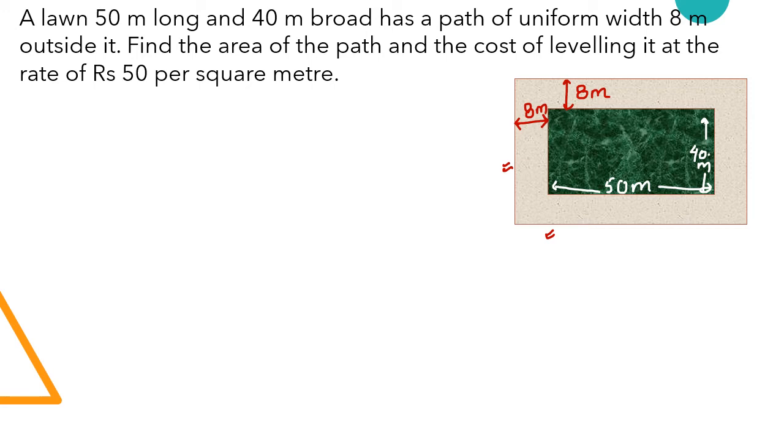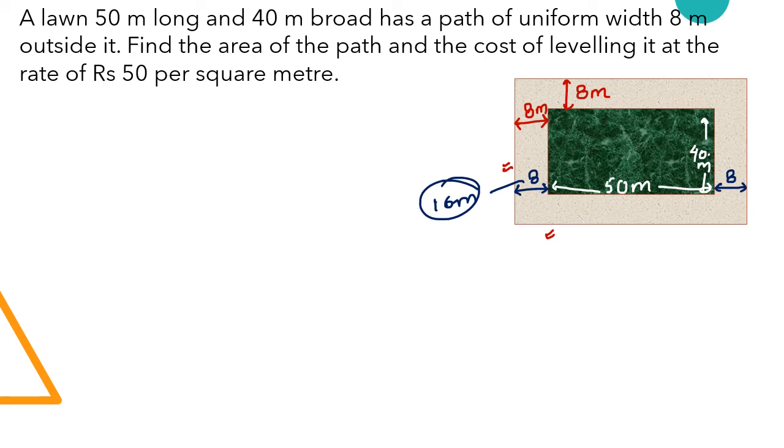So here, as you can see, the lawn is 50 meter long. On this side, an 8-meter path is there, and on the other side also we have a path of 8 meter, which means the total length of the lawn is increased by 16 meter, 8 plus 8, 16.